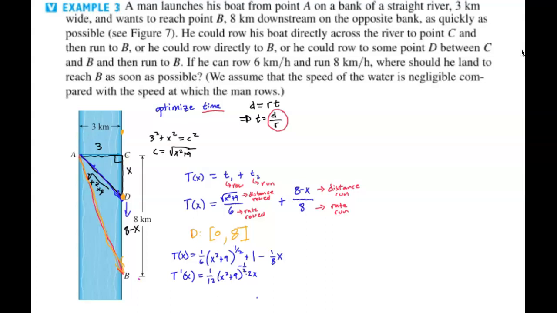My fault. So it should be 1/12 x squared plus 9 to the negative 1/2 times 2x. Derivative of 1 is just 0. That's a constant. It's gone. Derivative of negative 1/8 x is negative 1/8. Good.